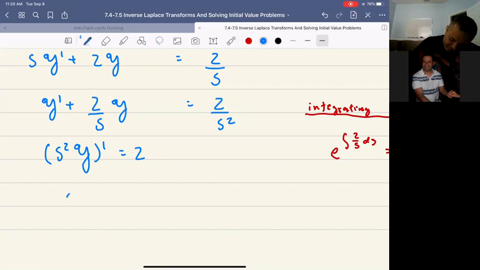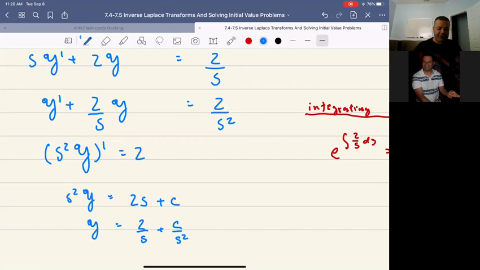All right, sorry about that. s squared y equals 2s plus a constant, so y equals 2 over s plus c over s squared. Okay, so that's the Laplace transform.